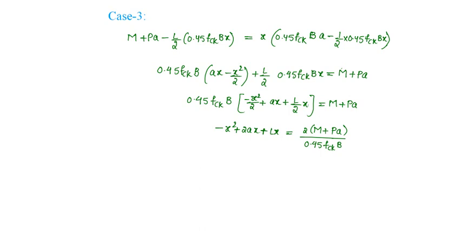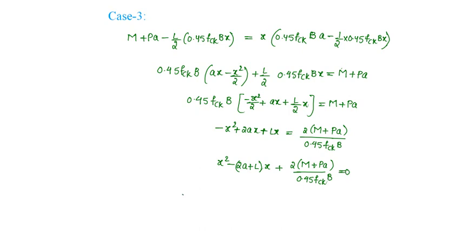So the quadratic equation will be x square minus (2a plus L) into x, minus of minus becomes plus, 2 times (M plus P a) by 0.45 fck B is equal to 0.